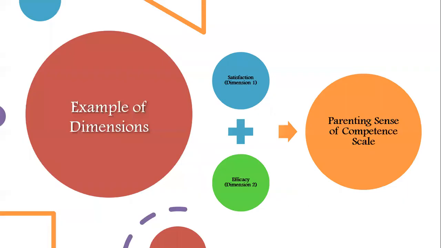We're talking about this broader measurement tool that captures parenting sense of competence as a whole, but this idea of parenting sense of competence is made up of two different dimensions: parenting satisfaction and efficacy. So this is what we mean when we say multidimensional. We're dealing with a measurement tool and a concept that is multidimensional in nature, but for our purposes, we're only focusing on the second dimension, which is efficacy.